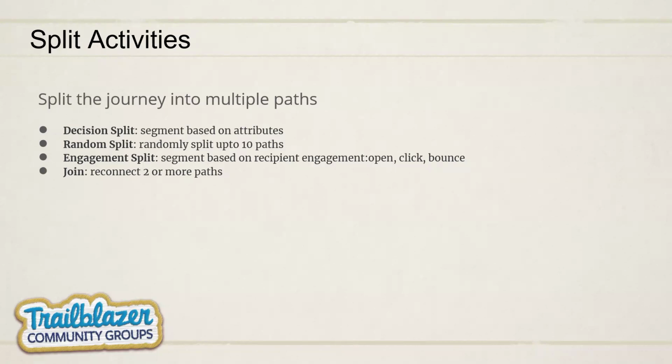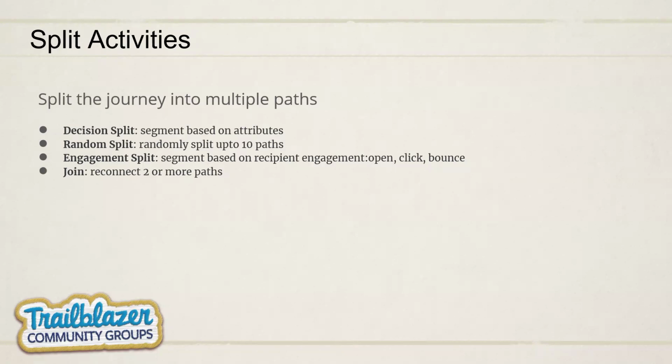The same way in the decision split, we can have multiple filter criteria, and depending on where it matches the contact record, it will be routed to that particular path. The random split is when we just want to randomly split the audiences into different paths, not based on any criteria, but simply split them and route them through different paths.